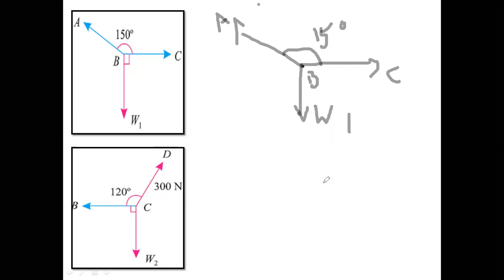Next, the free body diagram at C. The force along D is moving in the upward direction, and the weight W2 acts vertically downwards.